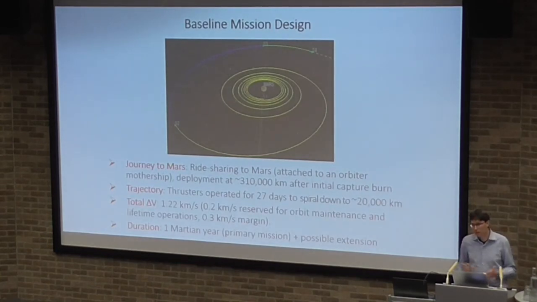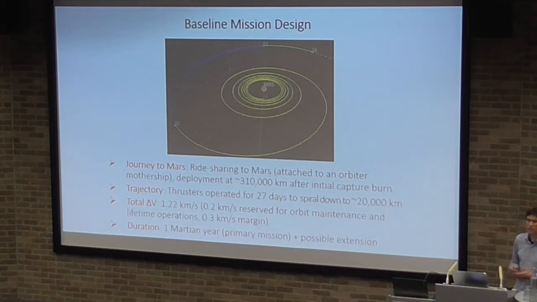What I consider quite innovative is the mission design and the particular trajectory that we're going to use. Because we want to put it in an aerostationary orbit. It hasn't been done before, as far as I know. So the journey to Mars, right now, it will be ride-sharing on a mothership.